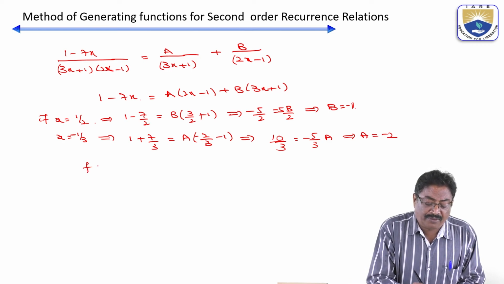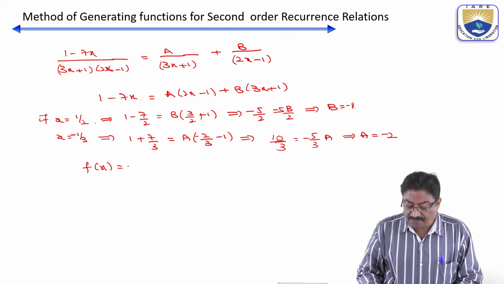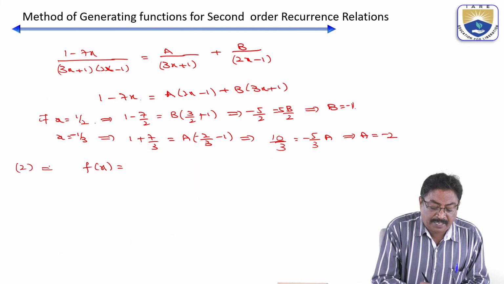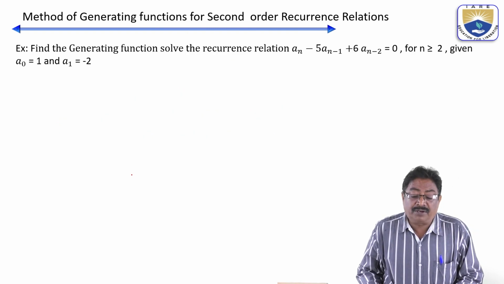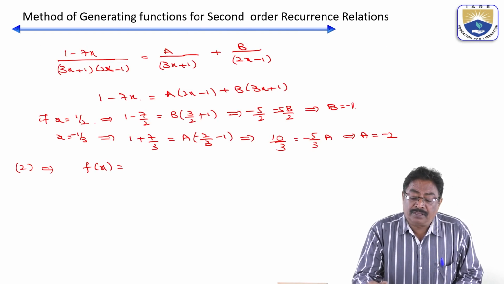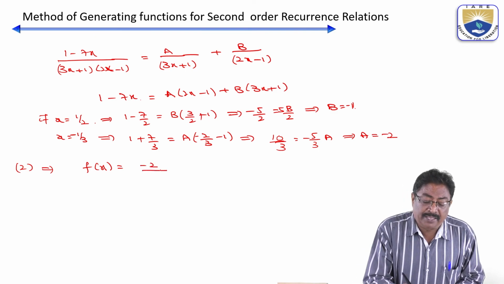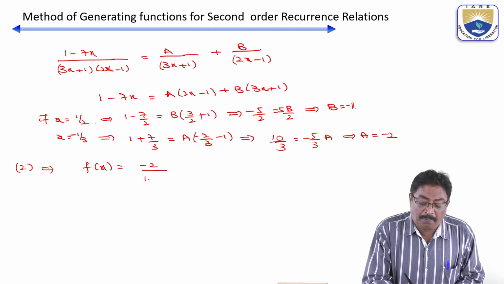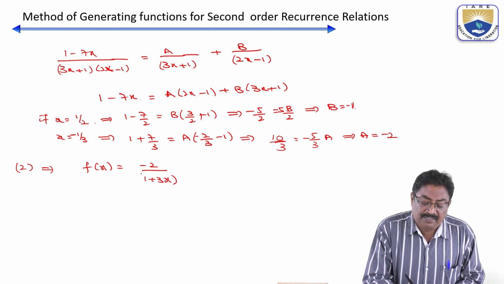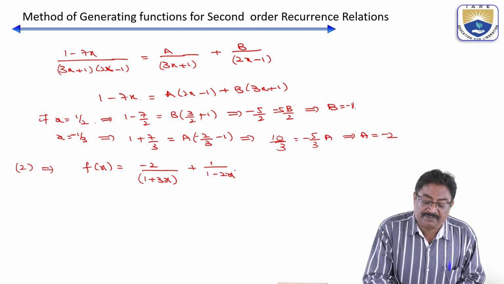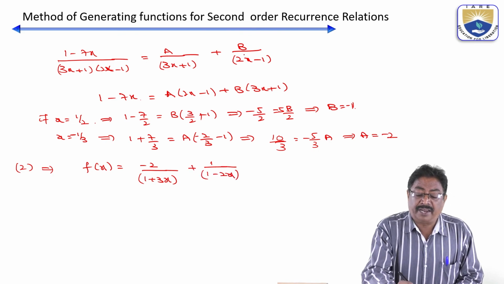So what is f of x? I am going to write it as f of x from equation 2. A equals −2 over (1 + 3x), then b equals plus 1 over (1 − 2x).